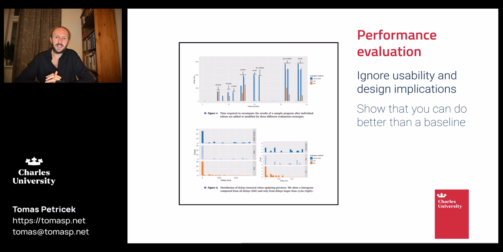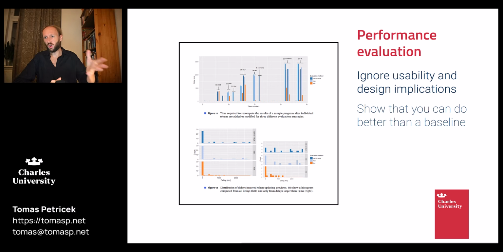A lot of programming system research includes some sort of performance evaluation. When we're building an efficient system, or we want to show that something is efficient or better than some other system, then we will be measuring some performance. But again, this typically has to ignore many aspects.